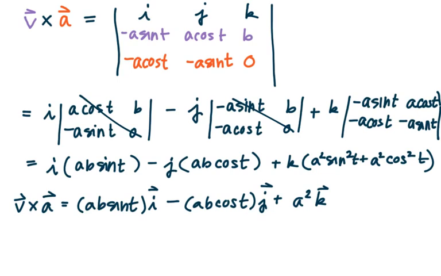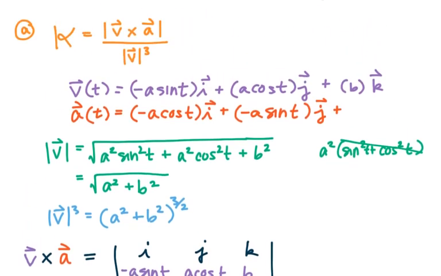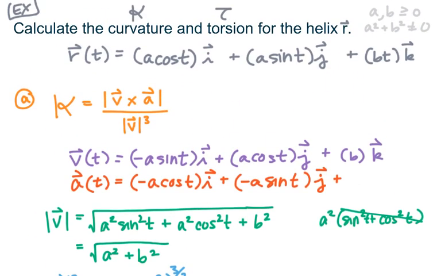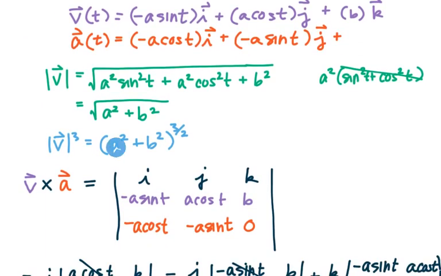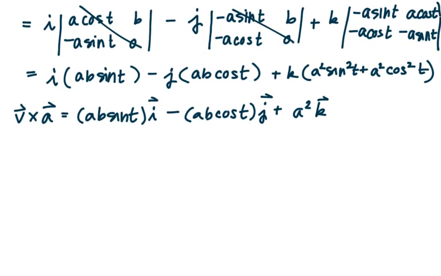Put my vectors back in there to indicate that. So we're working hard here. What is my kappa formula? It's the magnitude of v cross a divided by the magnitude of v cubed, which we have there. So we just need one more thing, which would be the magnitude of v cross a.